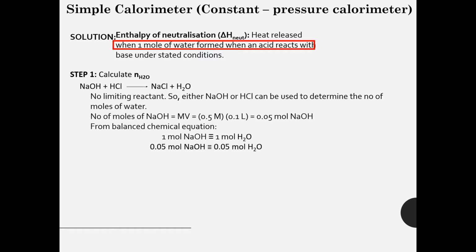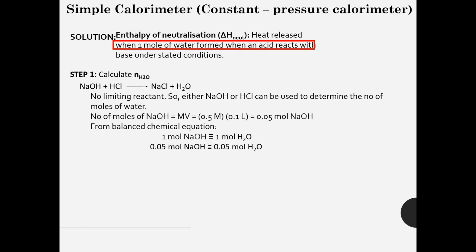How to calculate the number of moles of water? We know that this is a neutralization reaction. When an acid reacts with a base, usually salt and water will be formed. For this question, equal molarity and volume of acid and base react with one another, so there is no limiting reactant in this question.